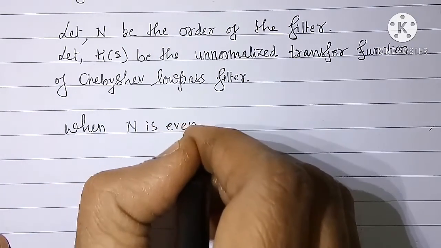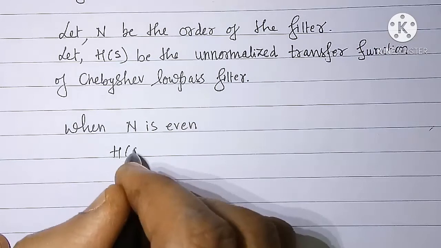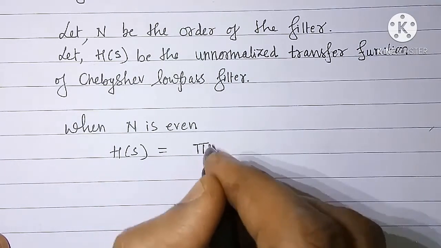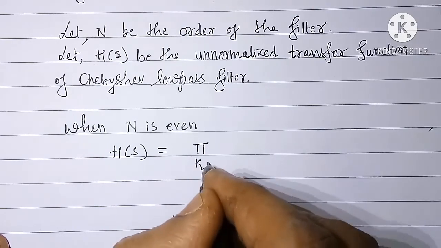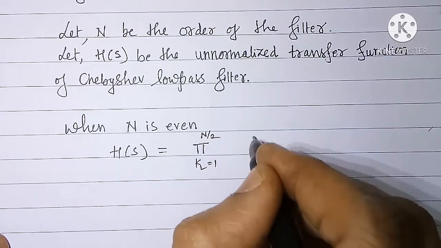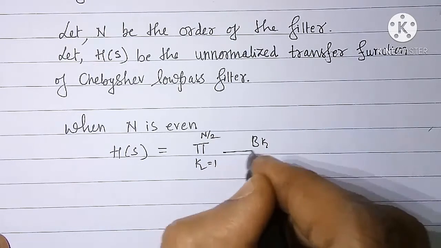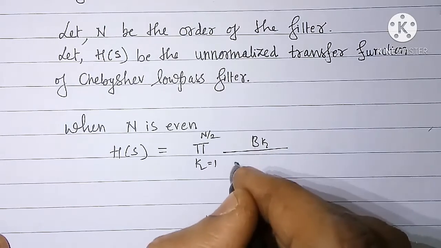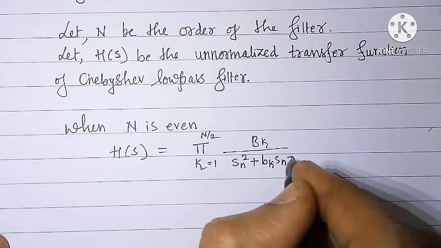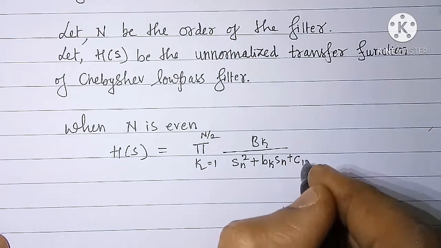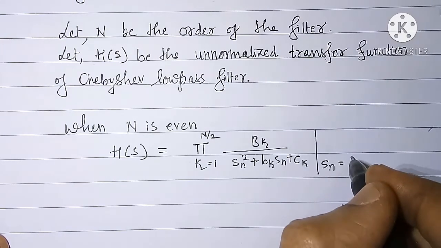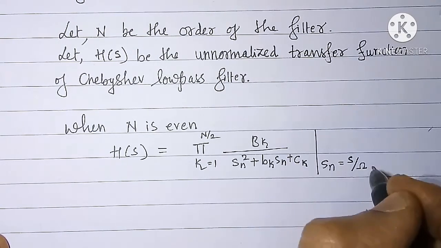When n is even, unnormalized transfer function H of S will be product of Bk upon Sn square plus Bk into Sn plus Ck at Sn equal to S by omega c.